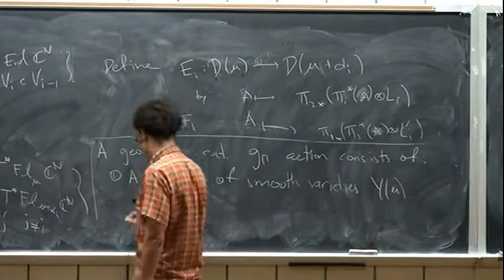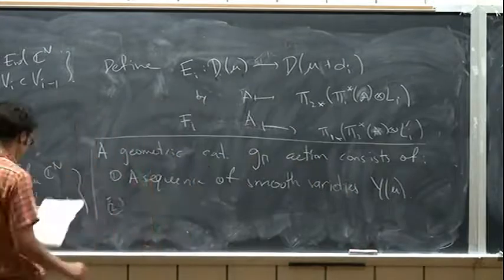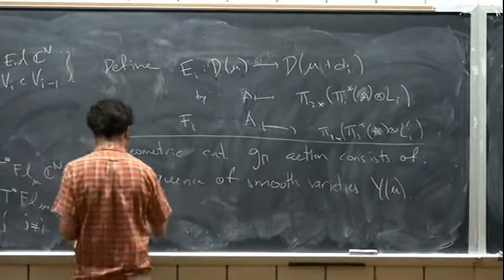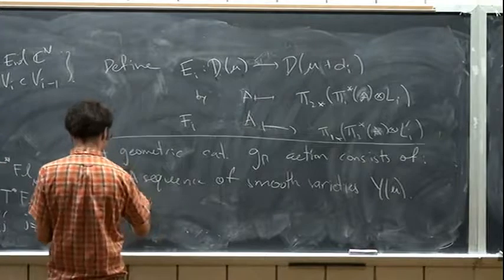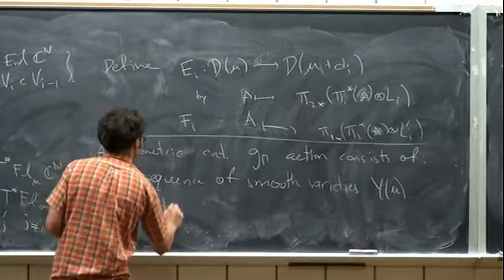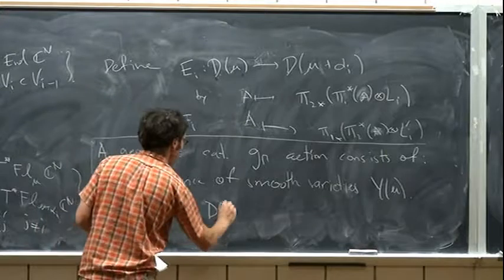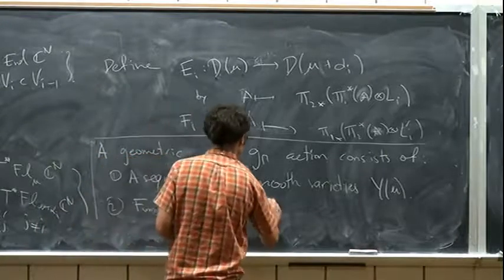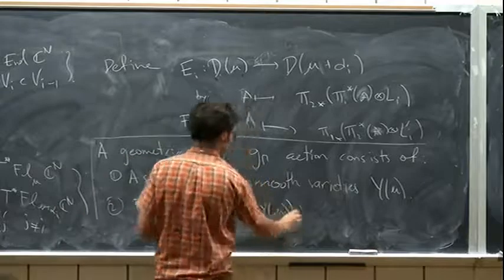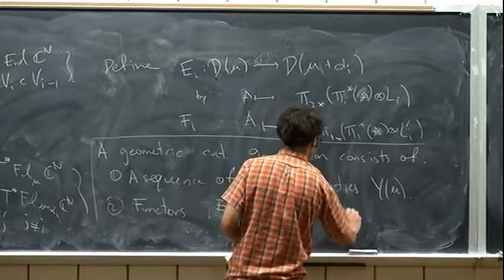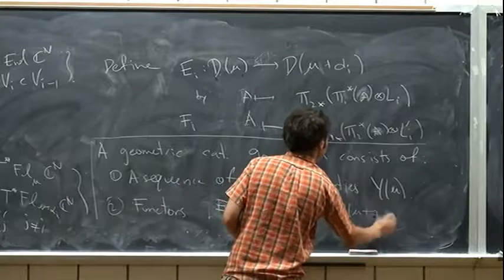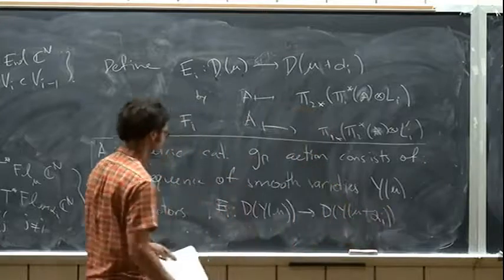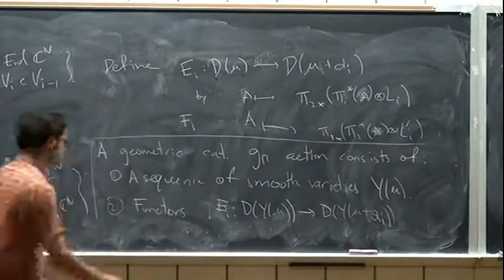So we definitely have that in our situation. Second piece of data, which is going to be functors, from the derived categories of coherent sheaves on these varieties to the derived categories of coherent sheaves. Okay, so similar for FIs.